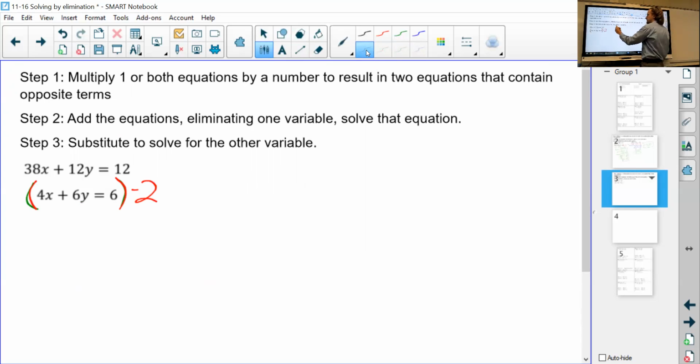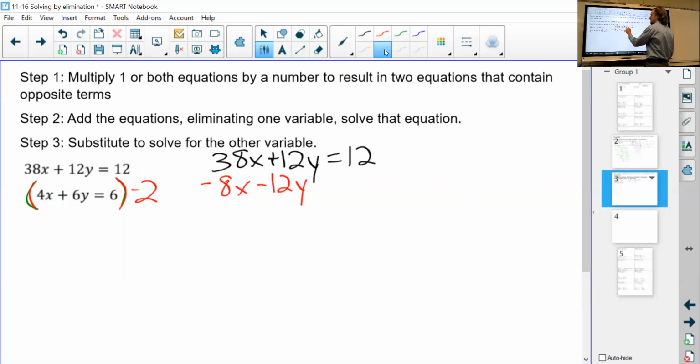So we copy our equations down. 38x plus 12y equals 12. Take our bottom equation, multiply everything through by negative 2, so that's negative 8x minus 12y. 6 times negative 2 is minus 12.